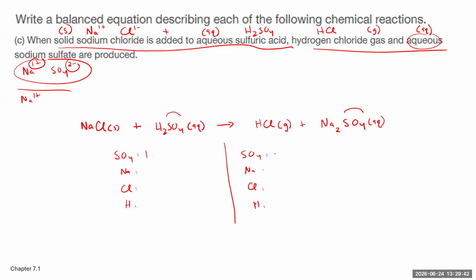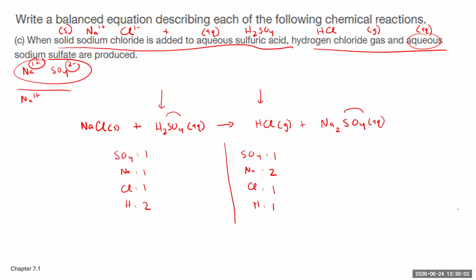Sulfate, 1 and 1. Sodium, 1 and 2. Chlorine, we have 1 and 1. Here we have 2 hydrogens, and we have 1 hydrogen here. All right, now we have to balance this.